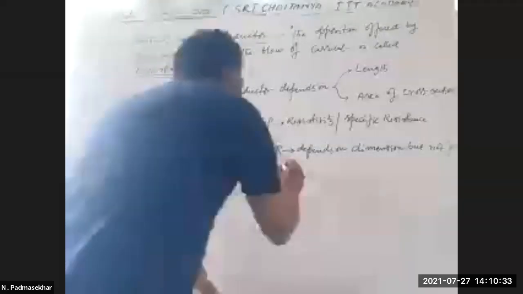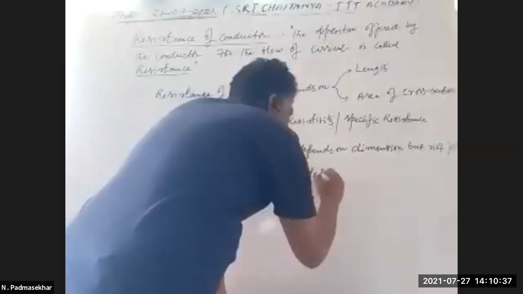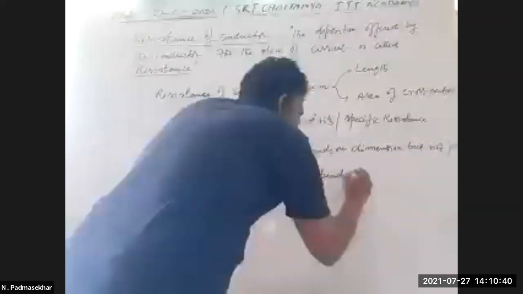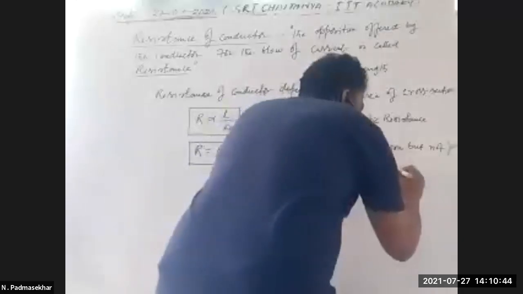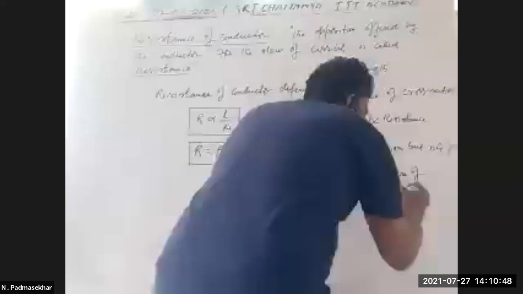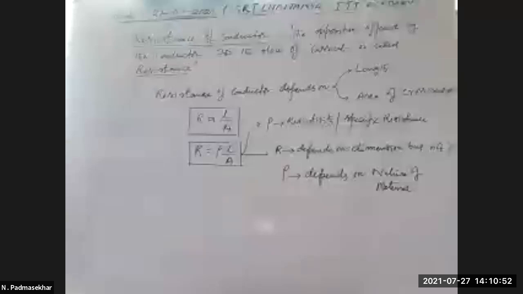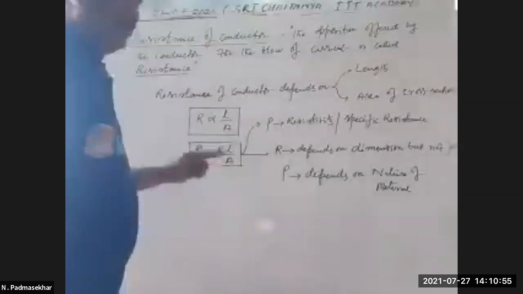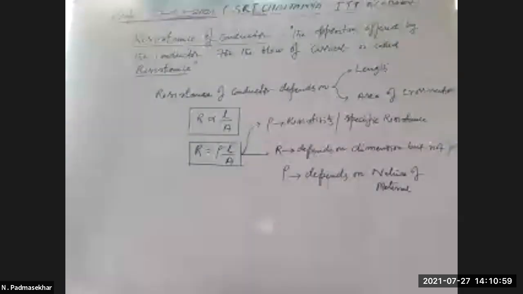So resistivity depends on nature of the material, but R depends upon the dimensions, length మీద area of the cross section మీద depend అవుతుందిరా.